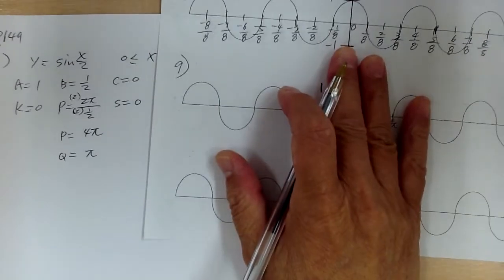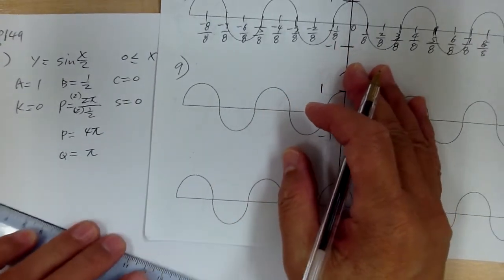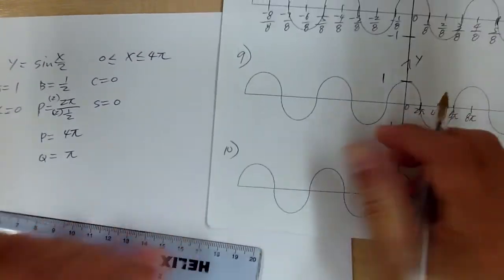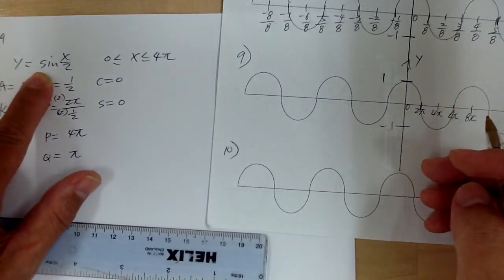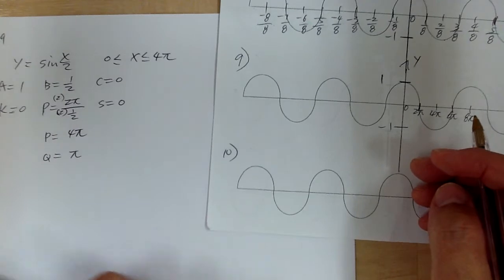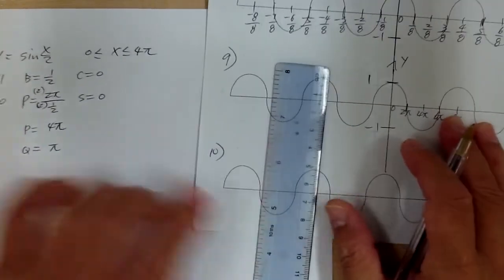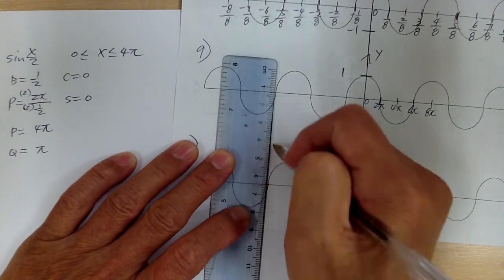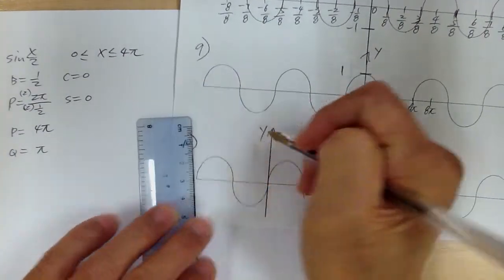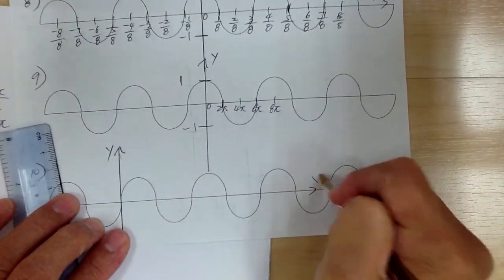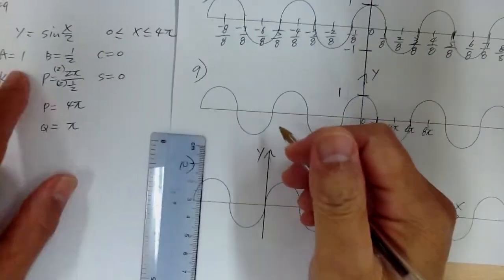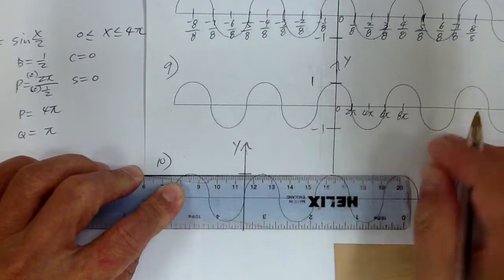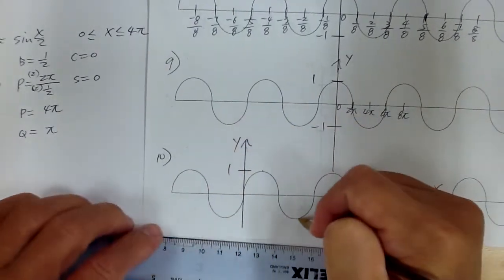So let's go and graph. So for number 10, this is a sine function. The sine starts from going up. And since we're going to go from 0 to 4 pi, we can start right over here. So that's the y, and this is the x. The amplitude is 1. So that's the 1.